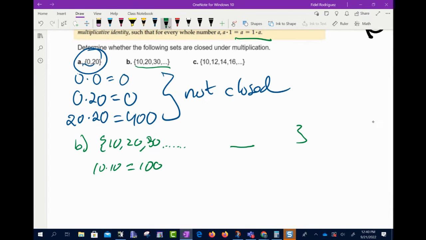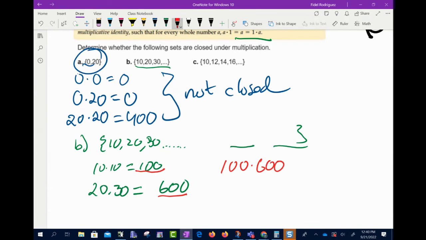Okay, let's try something different. Let's try, say, 20 times 30. That would give me 600. Do you feel like 600 would also be somewhere down that line if I kept going? Now let's try something a little bit harder. Let's try 100 times 600, because we know those are numbers that are going to be in our set. 6 times 1 is 6, and then I got 2 zeros and another 2 zeros, so 1, 2, 3, 4 zeros, 60,000.